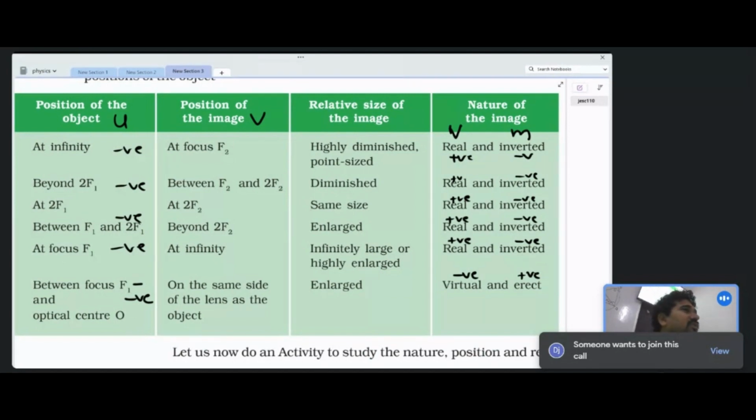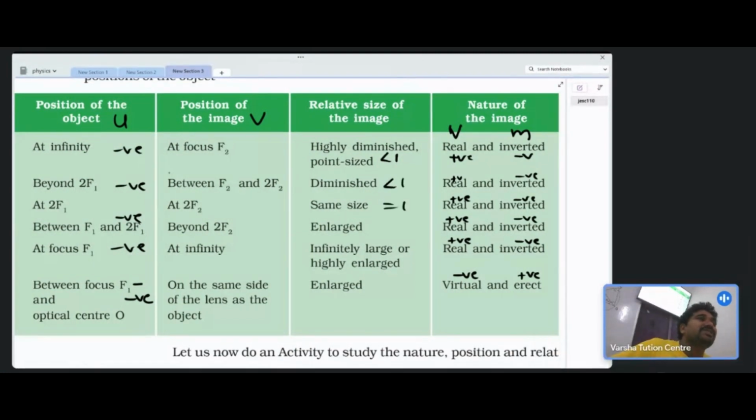If V is positive, M should be negative. Is that clear? Then what about the M value? It is highly diminished, so less than 1, less than 1, equal to 1, enlarged. So it should be greater than 1. Very enlarged.